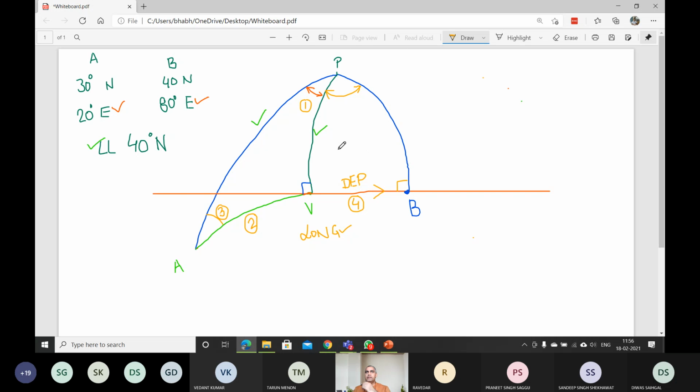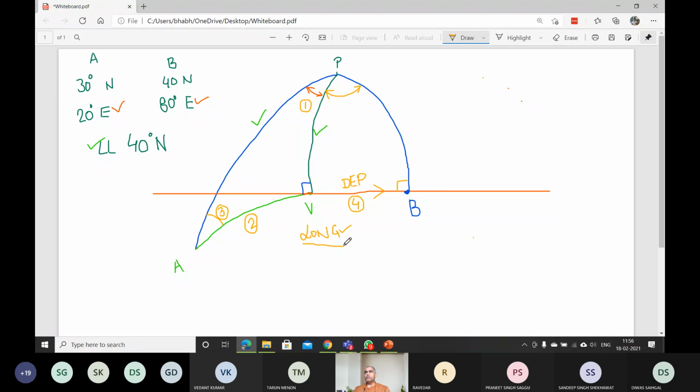Out of these 2 triangles, one will be a spherical triangle and the second one would be a non-spherical triangle. So we first pick up the spherical triangle and we solve it using Napier's rule. We find out angle P of the spherical triangle, the red color angle which you see here. Why are we finding this angle P? Because we want to obtain the longitude of the vertex first.